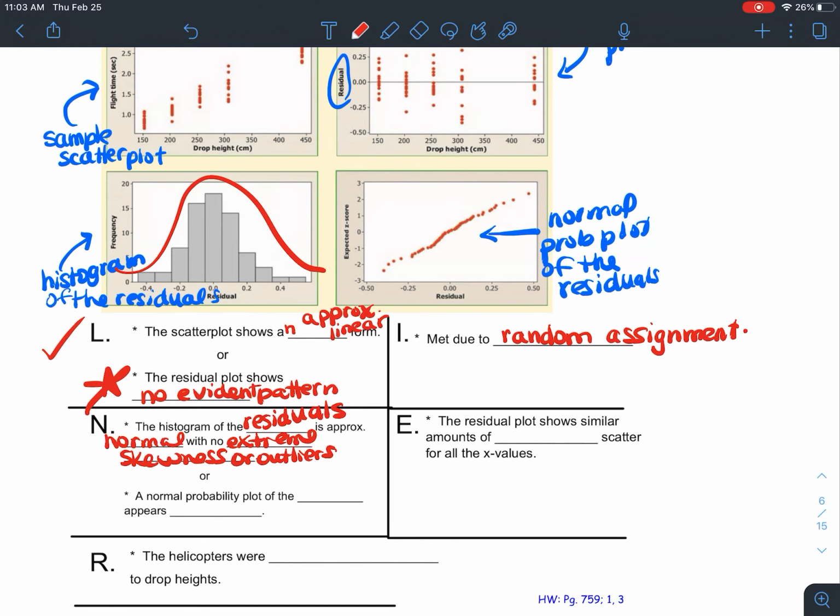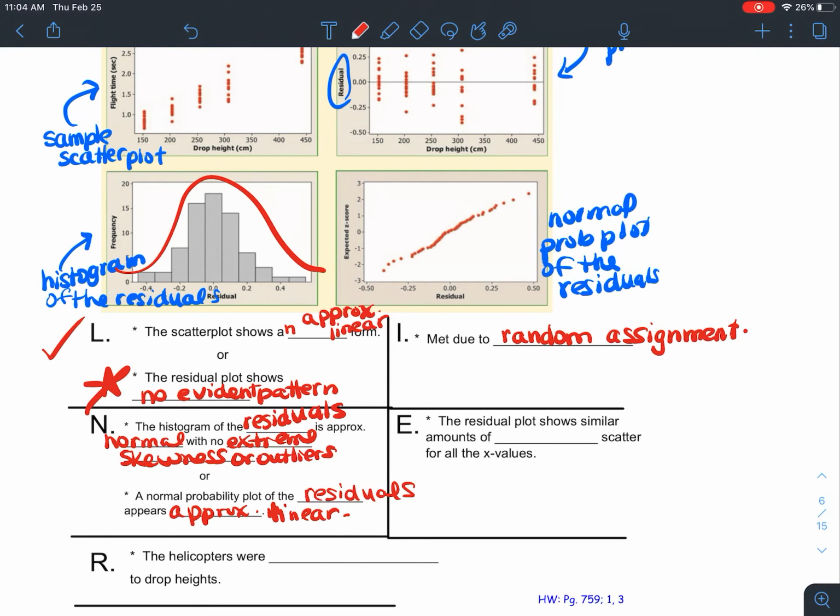That seems pretty good. Or if you're looking at the normal probability plot of your residuals, you would want that to appear approximately linear. And we were definitely getting that by looking at this and seeing that it was approximately linear here.